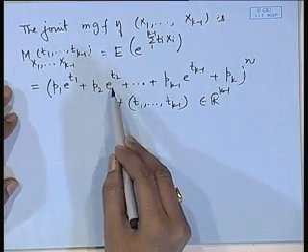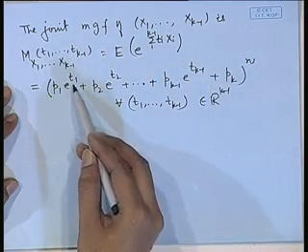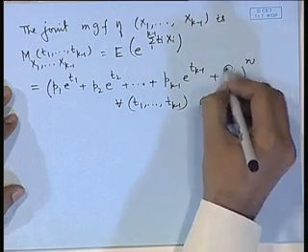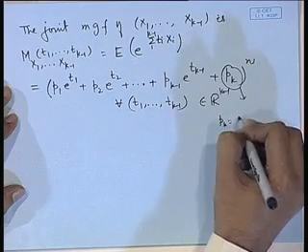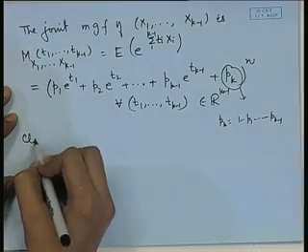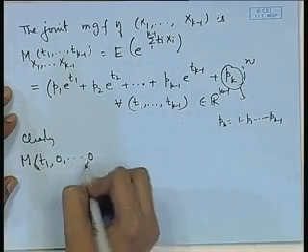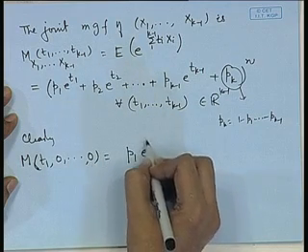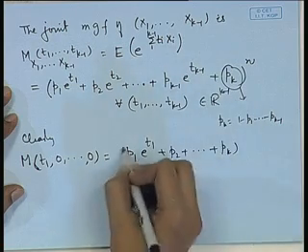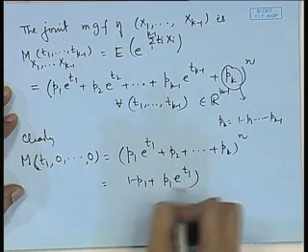Easily you can see that if I substitute t2, t3 up to tk minus 1 equal to 0, I will get p1 e to the power t1 plus pk to the power n, where pk is actually 1 minus p1 minus p2 minus up to pk minus 1. So, clearly M(t1, 0, 0, ..., 0) is equal to p1 e to the power t1 plus p2 and so on plus pk, to the power n, which we can write as 1 minus p1 plus p1 e to the power t1, to the power n.